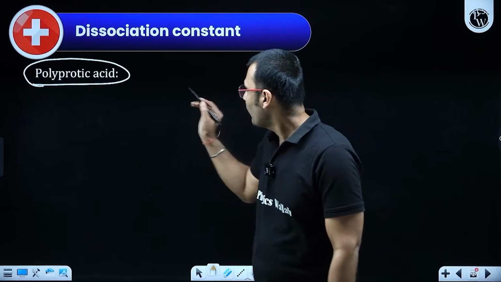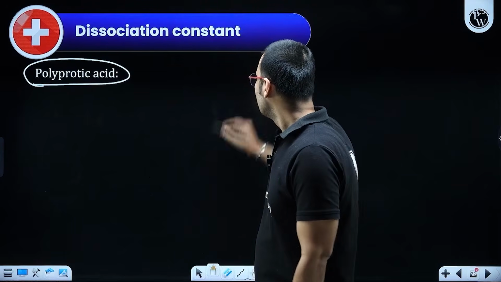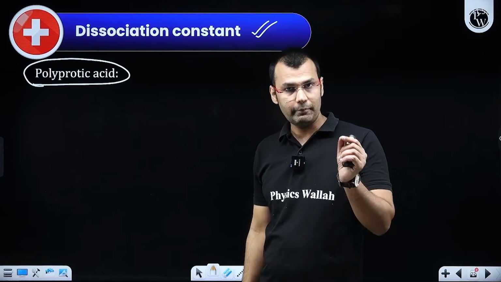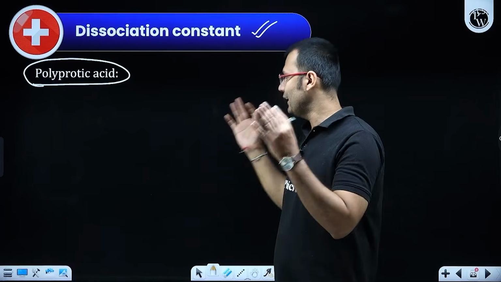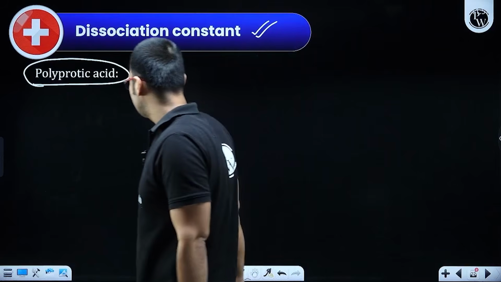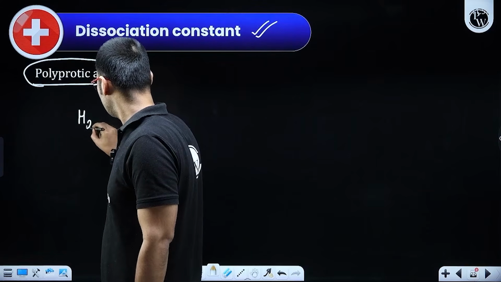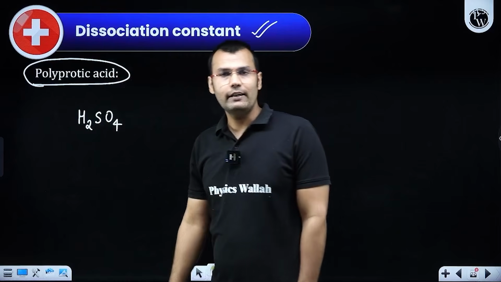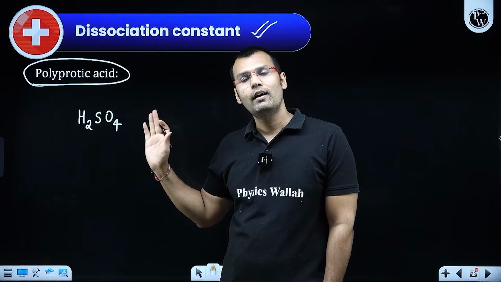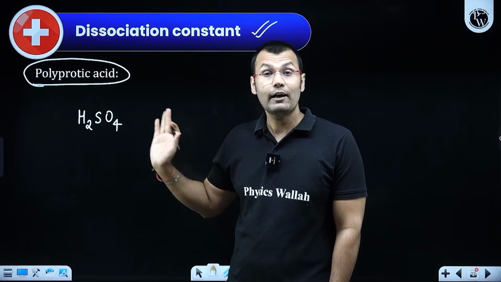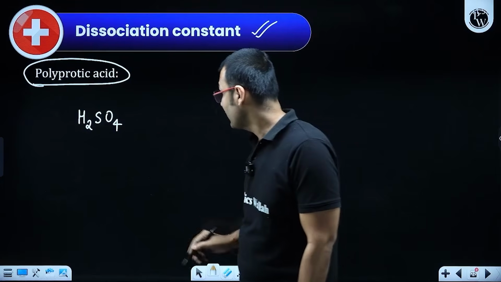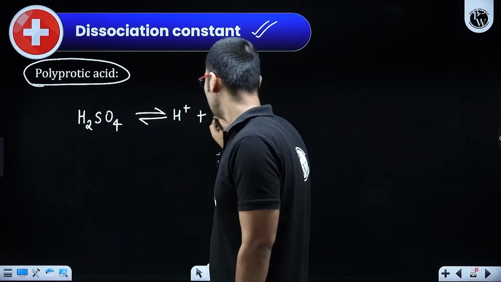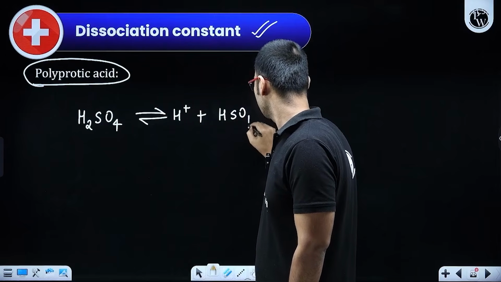Now for polyprotic acid, dissociation constant is calculated step by step. Like if I take a very famous example, let's say H2SO4, which is diprotic. H2SO4 will not ionize directly as 2H plus and sulfate. It will ionize step by step. In the first step, it will lose one of its H plus and the remaining part will be HSO4 minus, right?